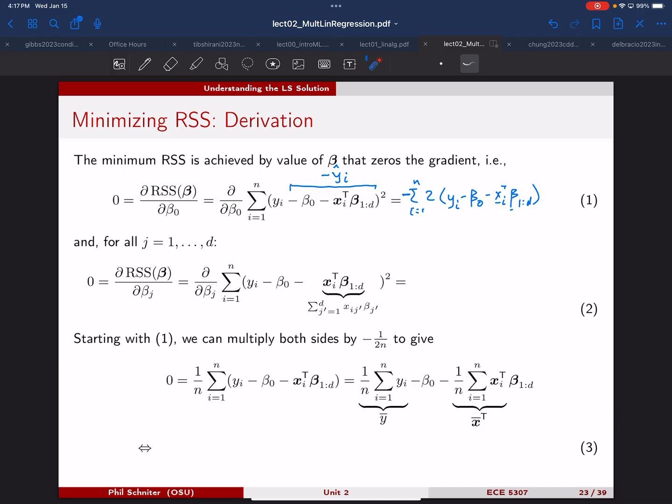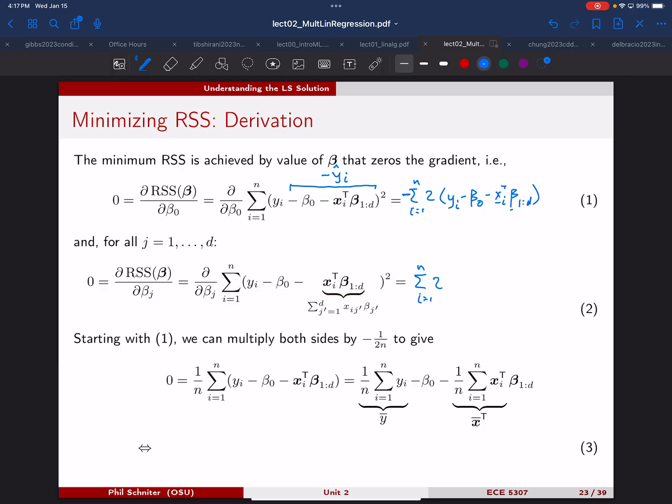Okay, so now we're ready to do our partial derivative. So again, we move this through the sum. That means we're going to have the sum over i equals 1 to n. And then we take the partial derivative of this using the chain rule. That's going to be 2 times the interior.